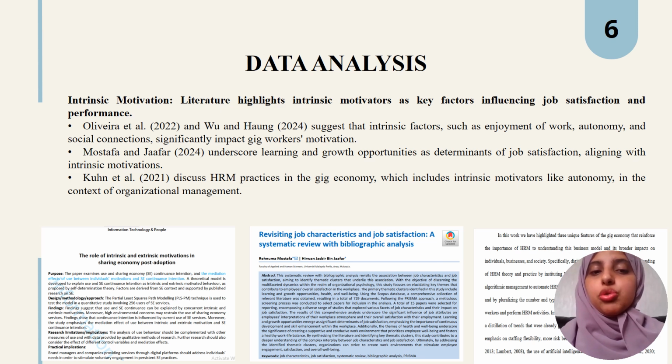Mustafa and Jaffer 2024 underscore learning and growth opportunities as determinants of job satisfaction, linking gigging with intrinsic motivators. Kahun et al. 2021 discussed HRM practices in the gig economy, which include intrinsic motivators like autonomy in the context of organization management.